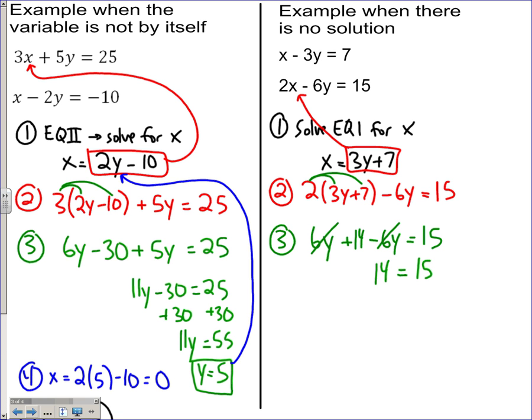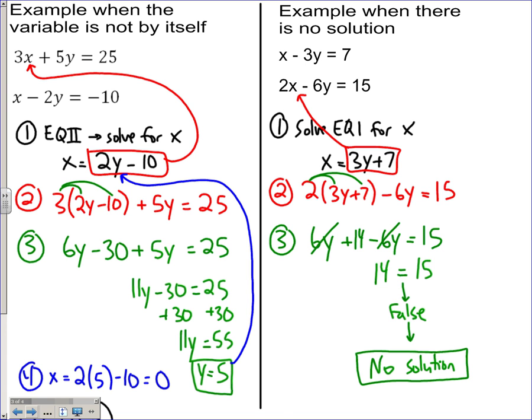So if you remember from chapter 1, when we're solving equations and we get a false statement, that means that we have no solution. So there's no x, y point in common to both of these lines. Again, that means graphically that there's no point where these lines cross, making them parallel lines.